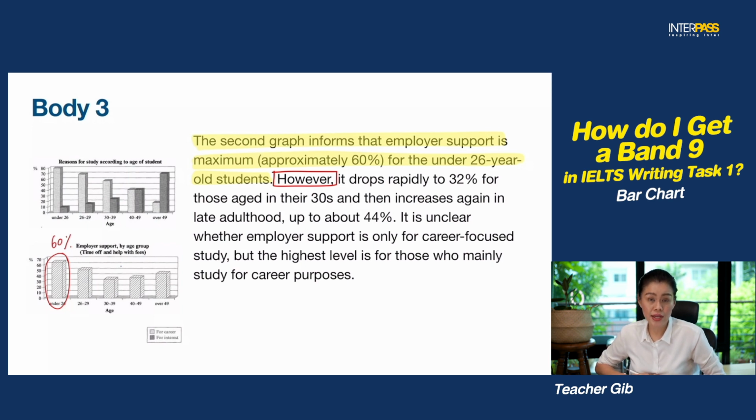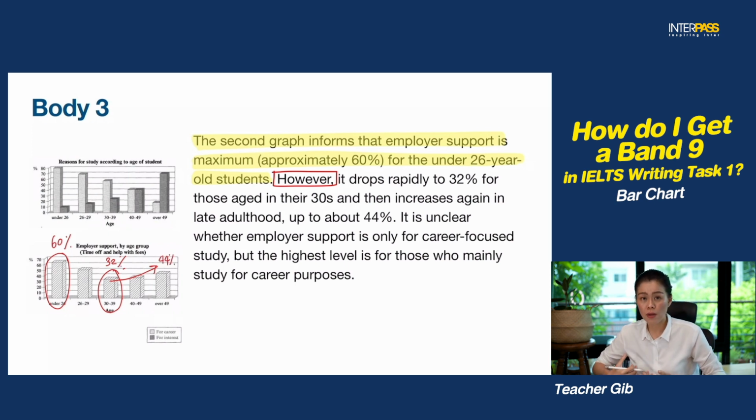This is very high, and then with however, the reader can assume it's going to be very low because it's opposite information. It drops rapidly to 32% for those aged in their 30s. Here, 30s, to 32% here. And then increases again in late adulthood, up to 44% here.